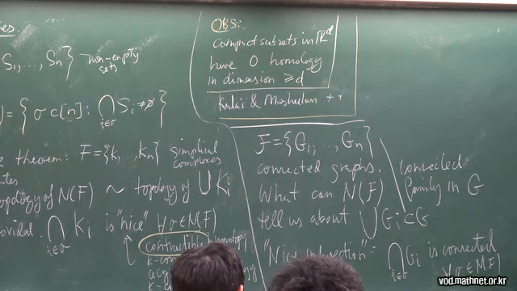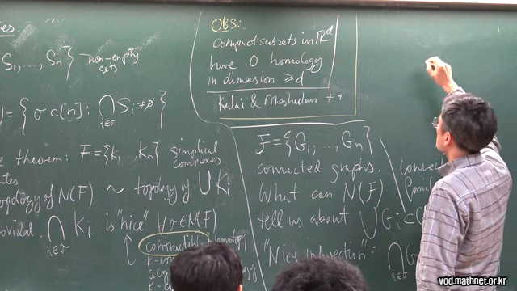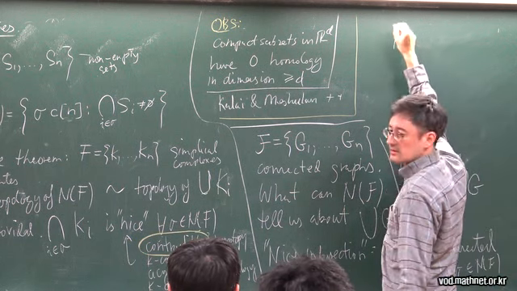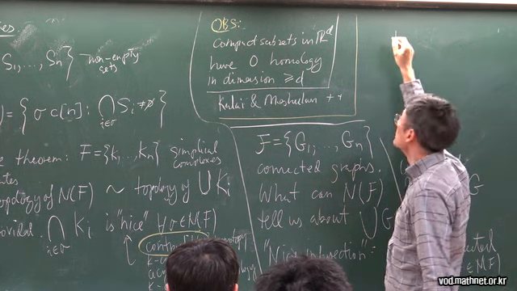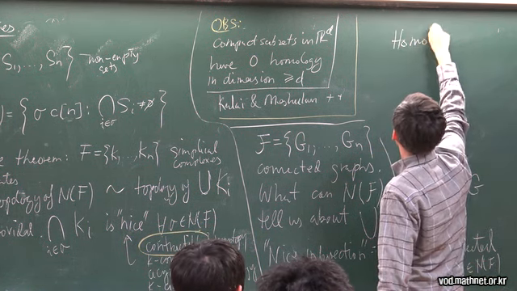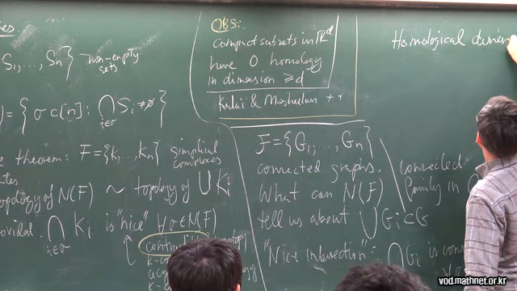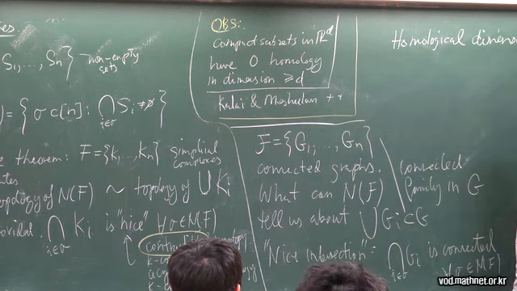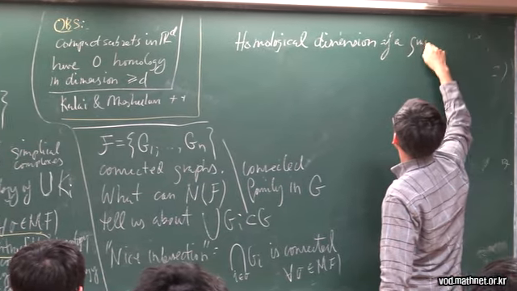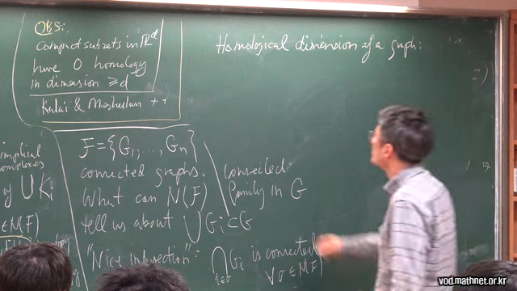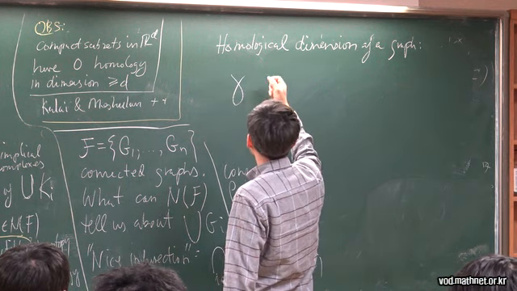And so what it turns out is the thing to study, at least what we found, is some graph parameter which we call the homological dimension of a graph. So G is some fixed graph.